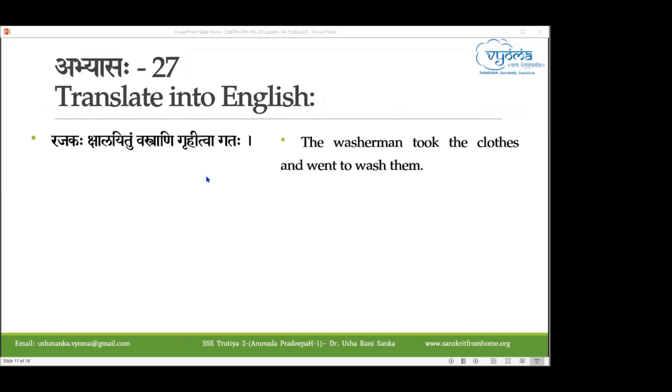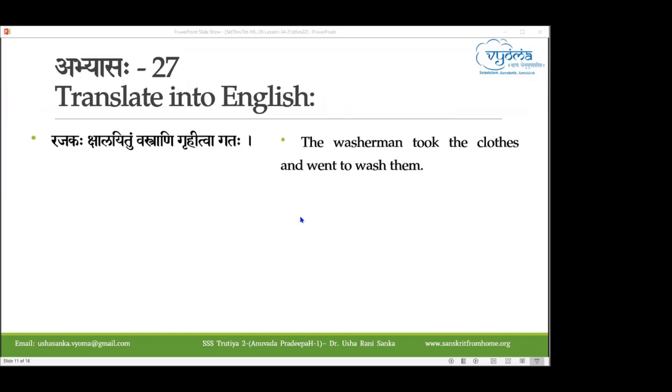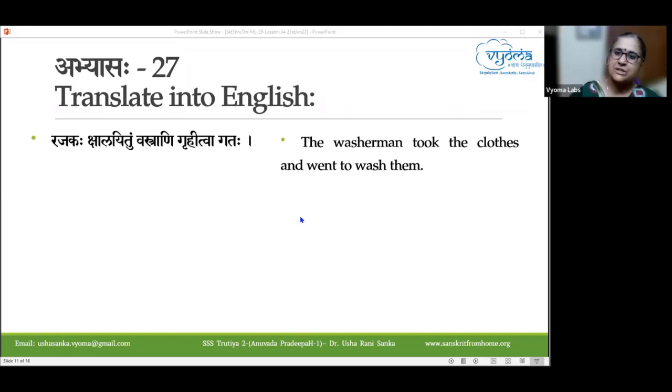Bhagini, can it be Rajakaha, the washerman went by collecting the clothes for washing? Yes, that's all. We'll say the washerman, having collected the clothes to wash, went. So "went to wash the clothes" is not proper, but "having collected the clothes to wash, he went." That is the intention of the sentence.